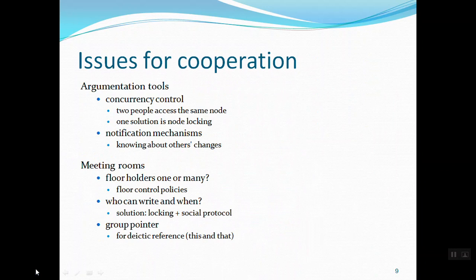When you talk about argumentation tools, we need to discuss concurrency control. We very well know that when there are plenty of people, maybe 2 or 3 or more could be trying to access the same device or a node, which could lead to a locking. So some kind of concurrency control mechanism has to be applied there.